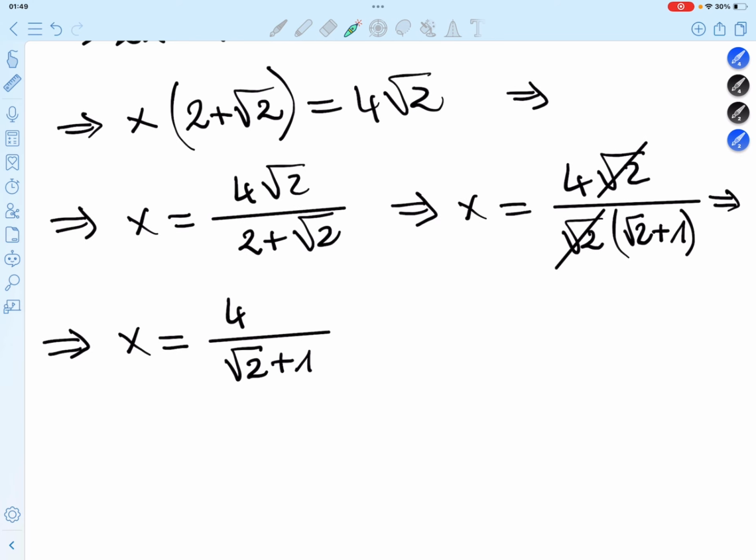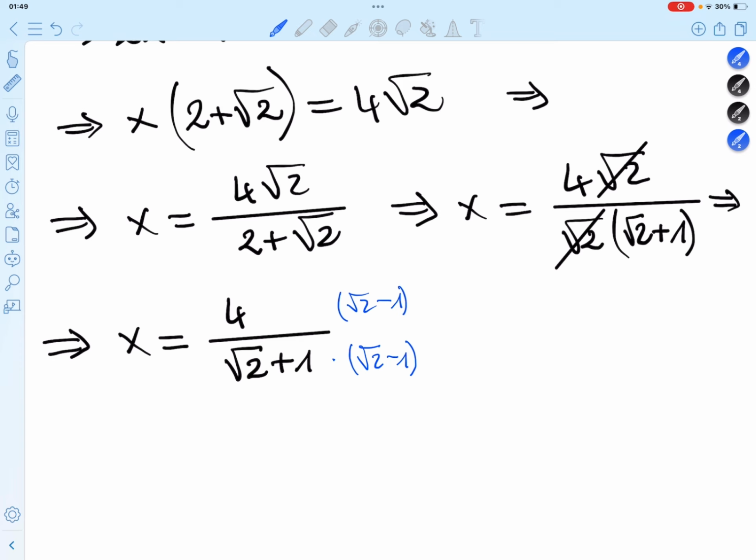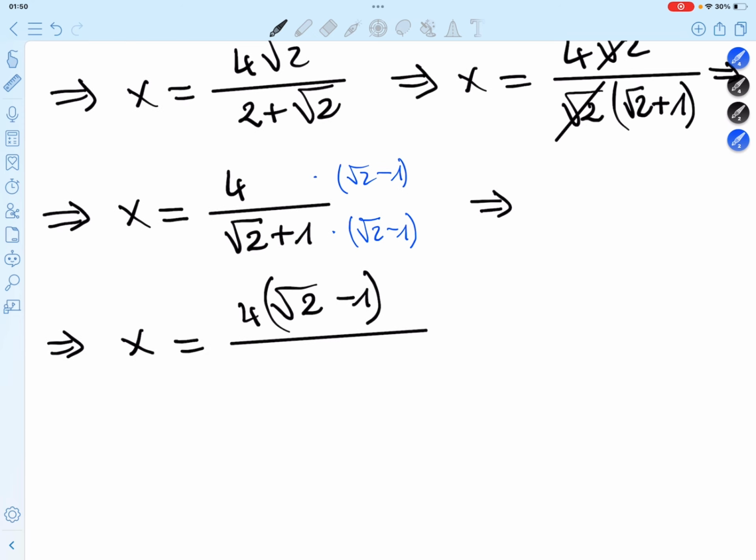So if we multiply up and down by root 2 minus 1, then what we're gonna have is, on the numerator, x equal 4 times root 2 minus 1, and down I'm gonna have root 2 squared, which is 2, minus 1 squared, which is 1.